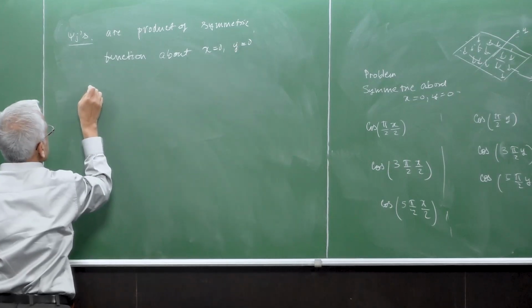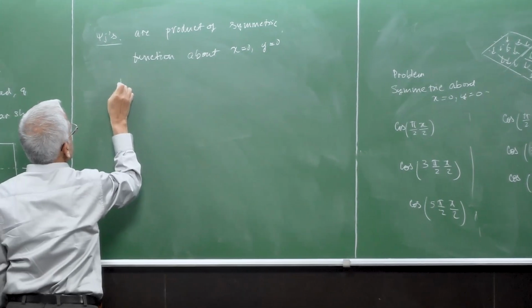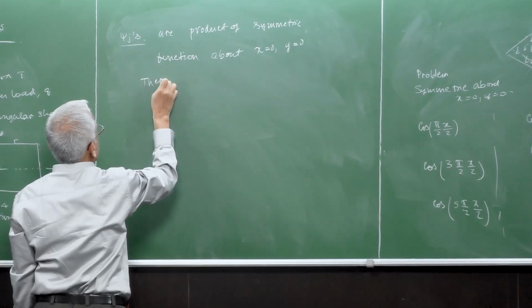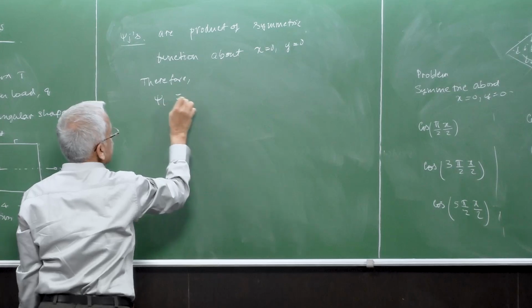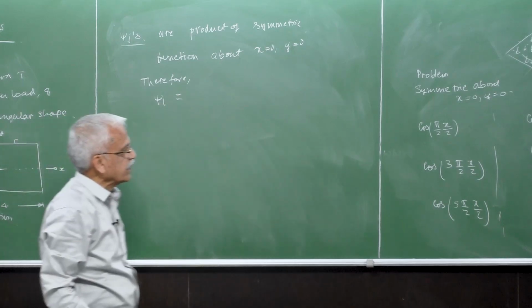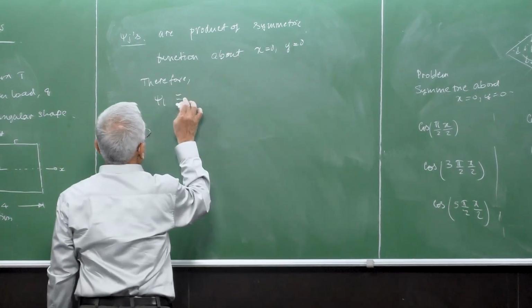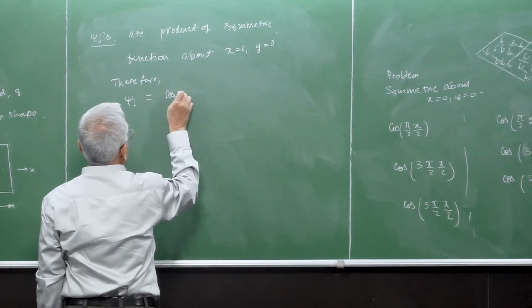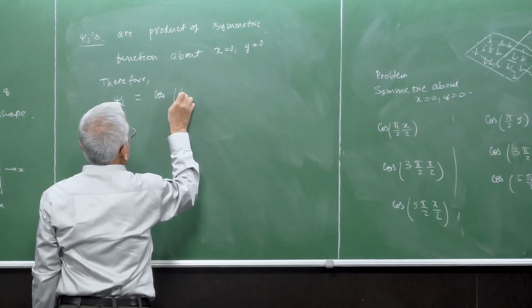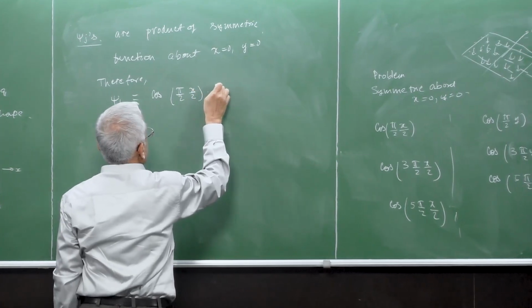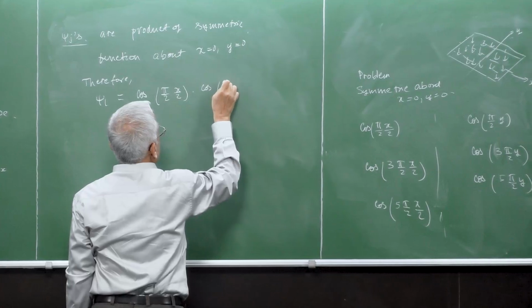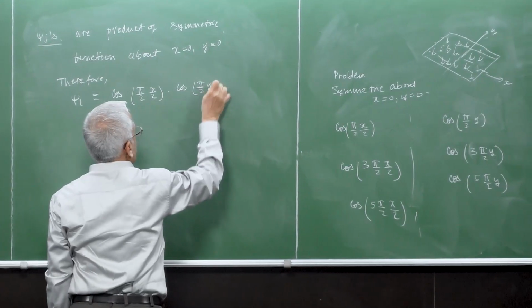So therefore, how do we get psi 1? We get it as a product of these two, that is cos pi by 2, x by 2, times cos pi by 2 y.